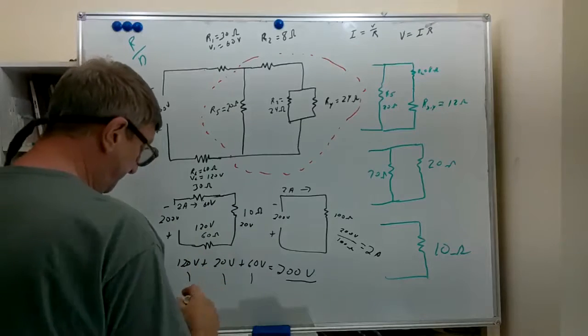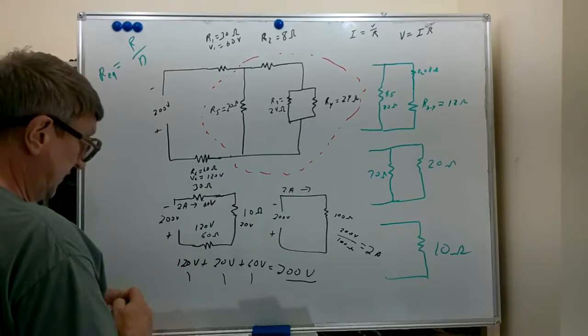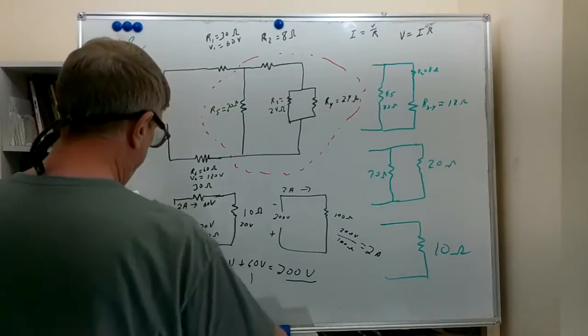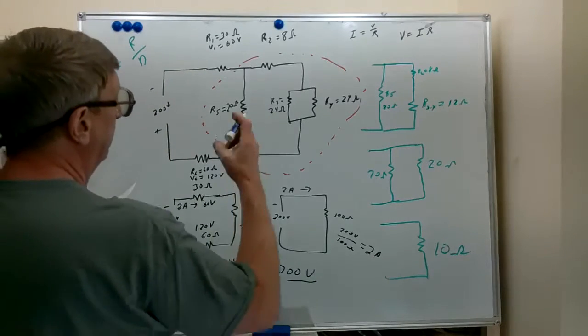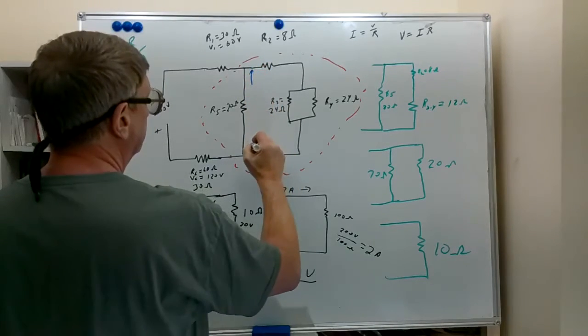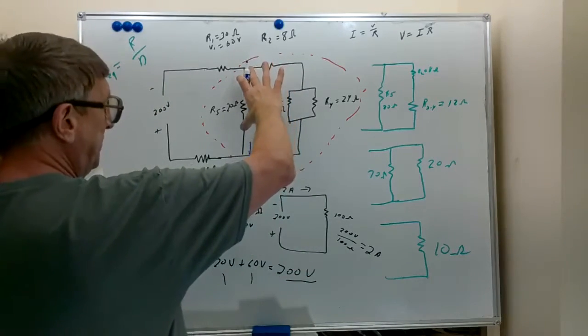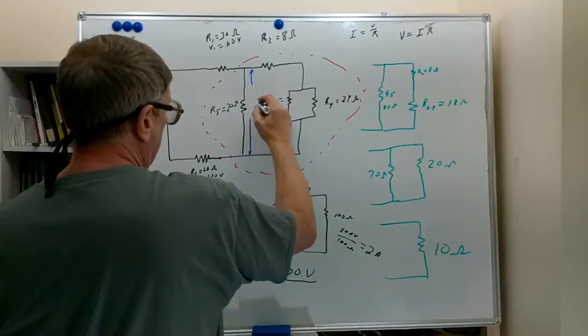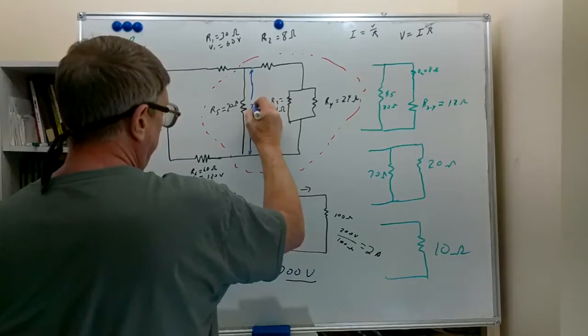Now we're going to add another little bit of information here. We're going to put a little arrow in here. This network here is represented by the 10 ohm resistor. It has 20 volts across it, so we're going to put 20 volts right here.